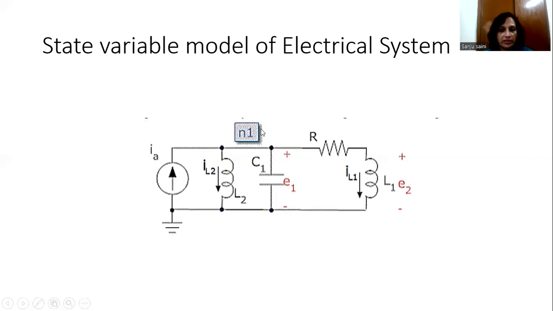Since we have three basic elements which can be used for energy storage, the voltage across the capacitor C1, the current through the inductor L1, and the current through the inductor L2 are considered to be state variables here. Although the state variables can be chosen depending upon the user, this is the basic rule for selecting the state variables of an electrical system.